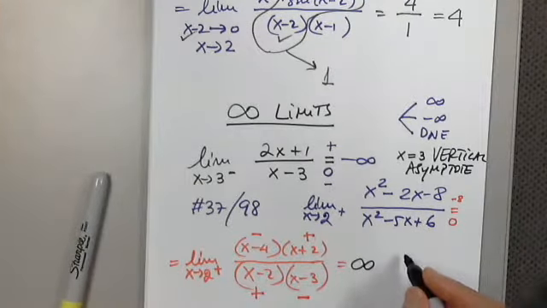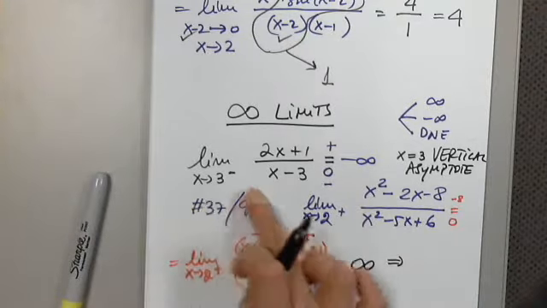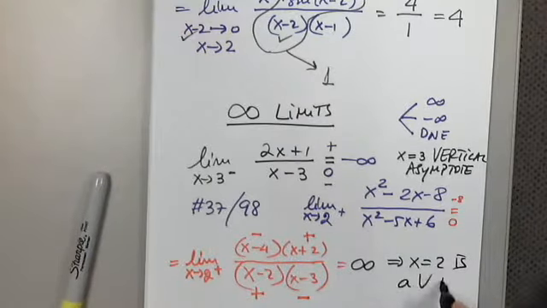What should I write? That this implies what? Same thing we wrote for this function. x equals 2 is a vertical asymptote. That's it.